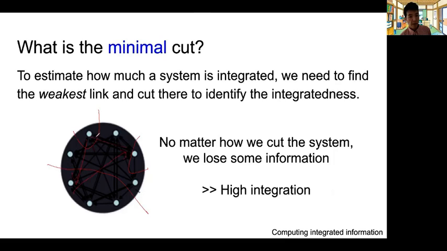So if we replace some of these connections by noise, it will reduce how much the system knows about itself, no matter what. This is a situation where the system is highly integrated. But we need to identify which one is the weakest link to really compute the integrated information of this system. And that's very different from the PCI kind of idea.